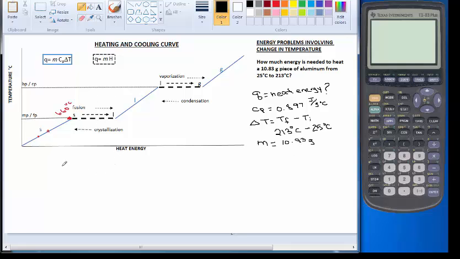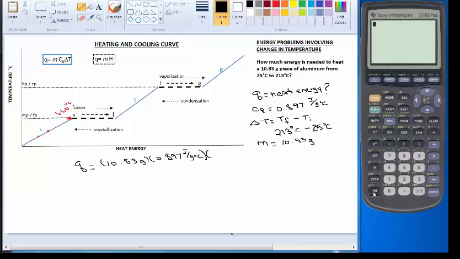So we can say Q, which is the variable that we are trying to find, equals M, which is our mass, 10.83 grams, times our specific heat capacity, which is 0.897, and the unit here is joules per gram degree Celsius, times our change in temperature, which is the 213 minus the 25.